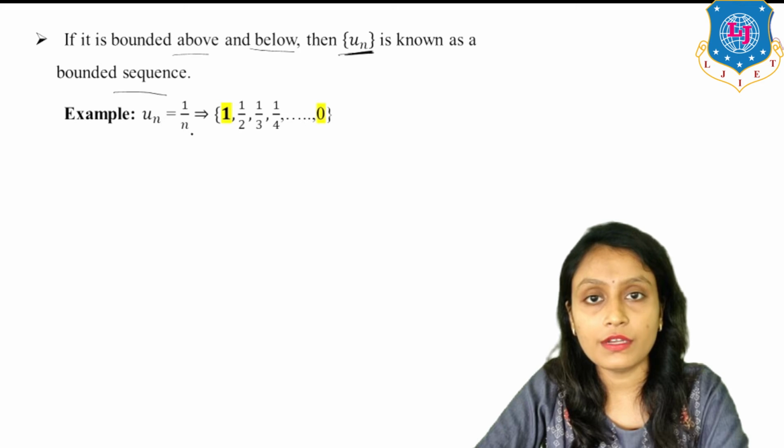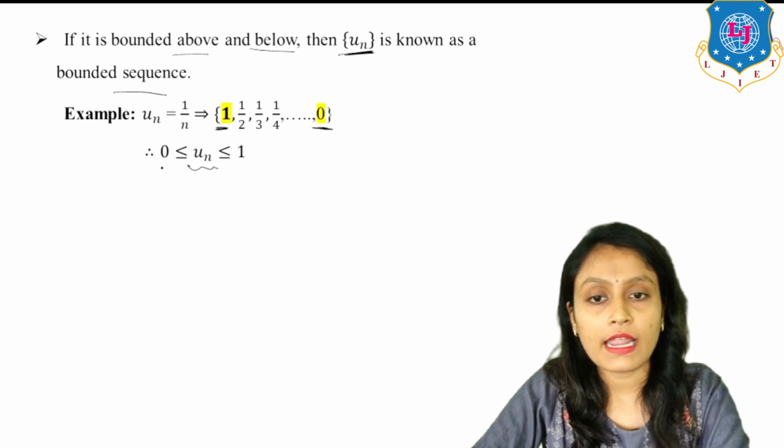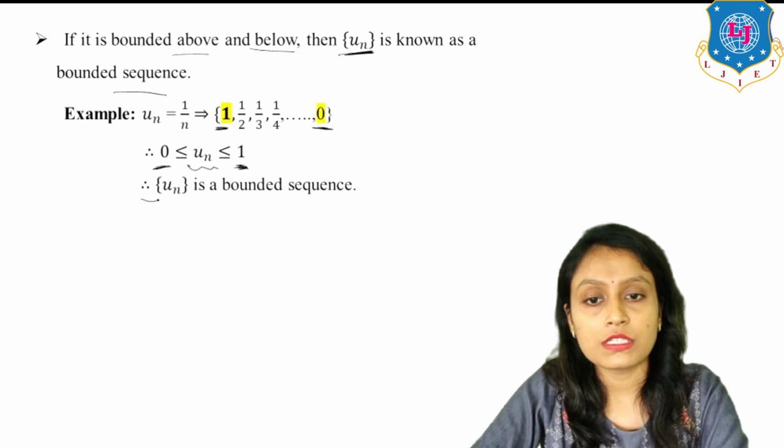And if n tends to infinity, so 1 upon infinity will be 0, right? So now here we have two terms, 1 and 0. Okay, so we can write that all the terms of u_n lie between 0 and 1, right? So 0 is the lower bound and 1 is the upper bound. Therefore, we can say that the sequence u_n is a bounded sequence.